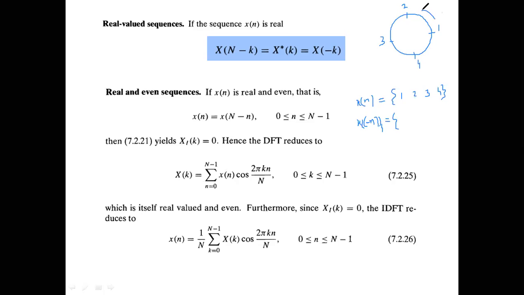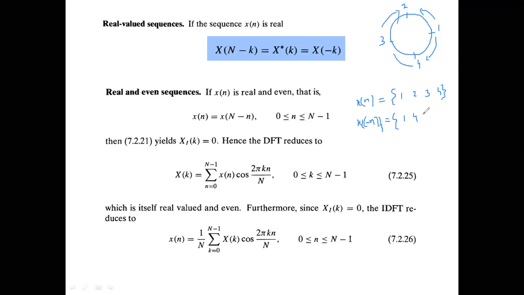This is usual. When I want to find x of minus n, the reflection, since I am talking about the circular nature of the sequence, I have to start from the origin and go in the clockwise direction instead. The first value is 1, because the value at the origin remains the same. Then I get 4, then 3, then 2.